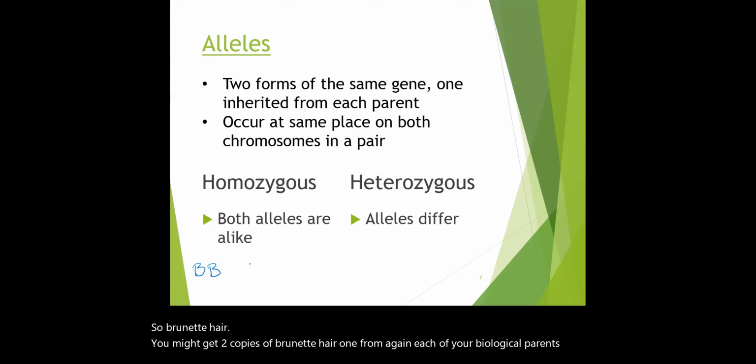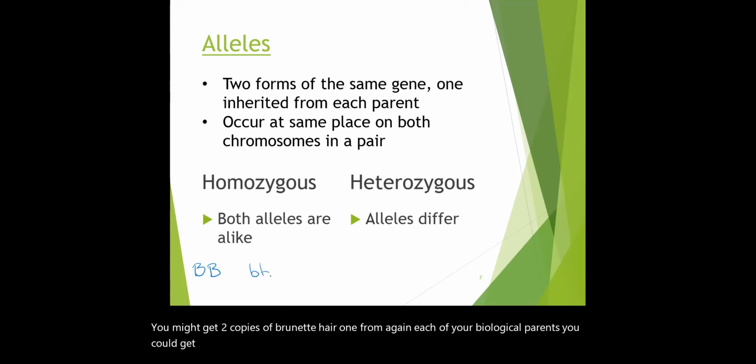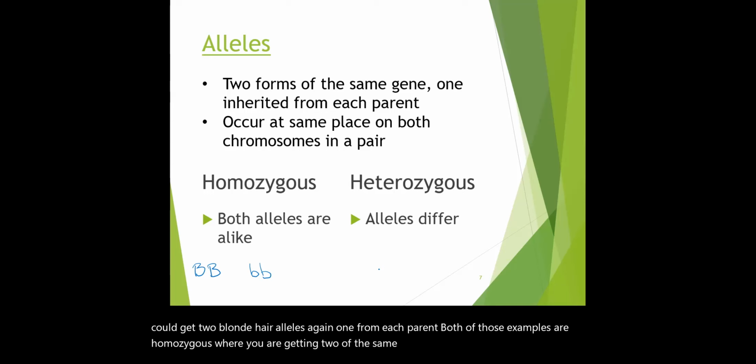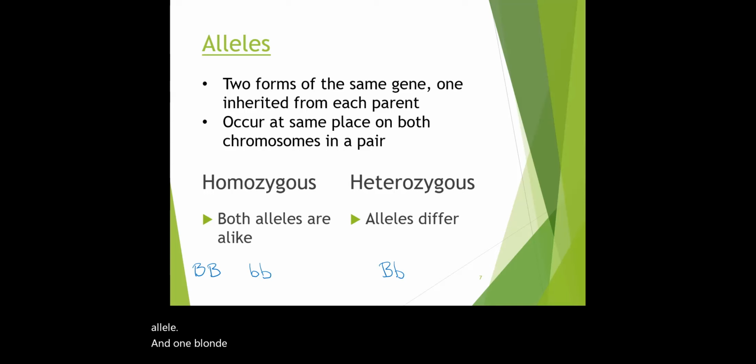You could get 2 blonde hair alleles, again, one from each parent. Both of those examples are homozygous, where you are getting 2 of the same allele, or you could inherit 1 brunette hair allele and 1 blonde hair allele. So your alleles are different, and then what trait you actually have will depend on the relationship between those alleles.